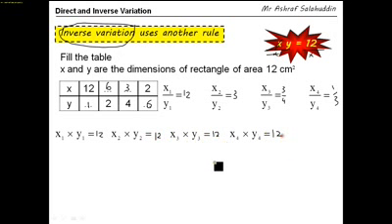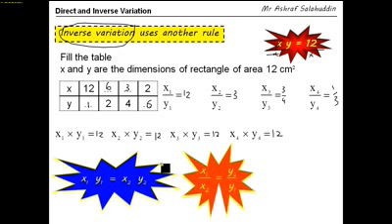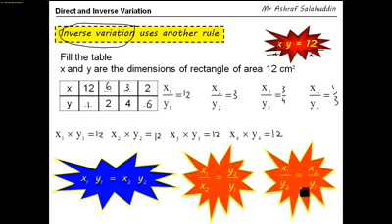So we can write a new rule for inverse variation, which is x1 y1 equals x2 y2. Or we can make it in a proportional way, so x1 over x2 equals y2 over y1, or x1 over y2 equals x2 over y1.